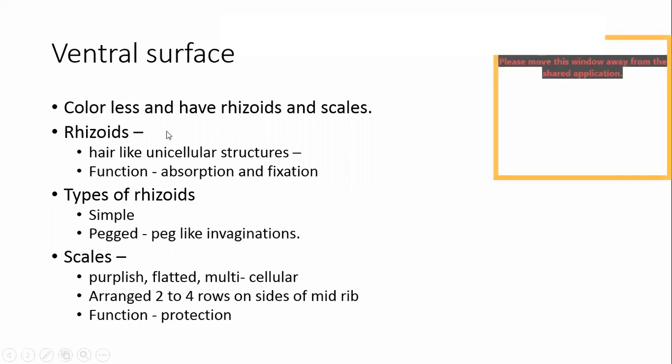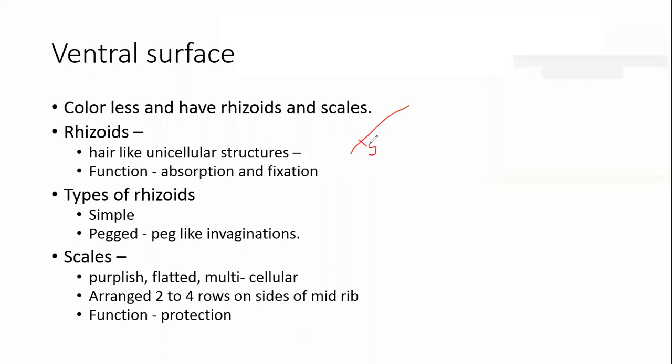The ventral surface is usually light green colored or sometimes colorless in nature because it does not help in photosynthesis. It is only the dorsal surface which undergoes photosynthesis. As a result of photosynthesis, they produce glucose, starch, or the food substances.